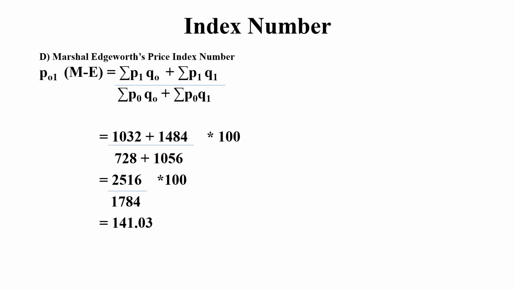So same method you are following. Add both the values, 1032 plus 1484, over 728 plus 1056, that is P0 Q0 plus P0 Q1, 2516 upon 1784 into 100.